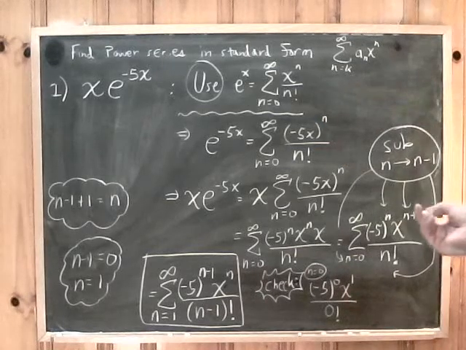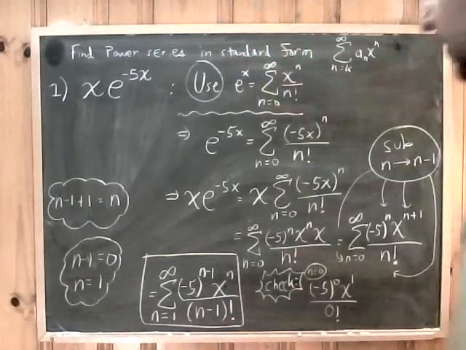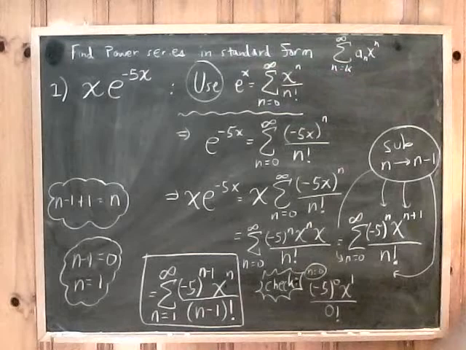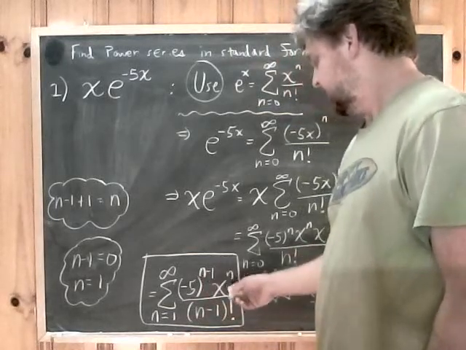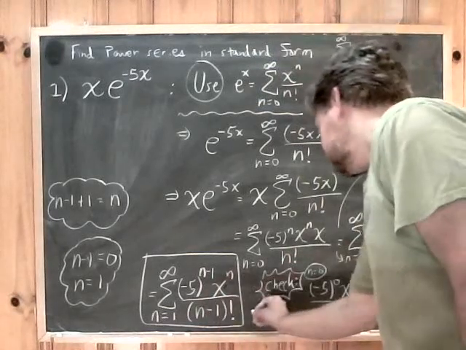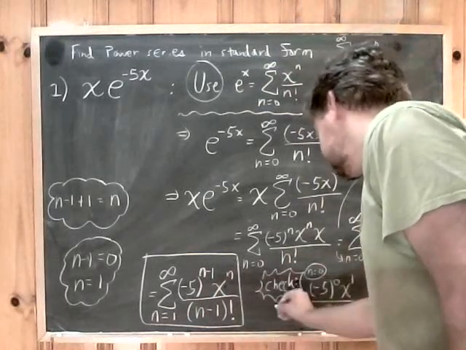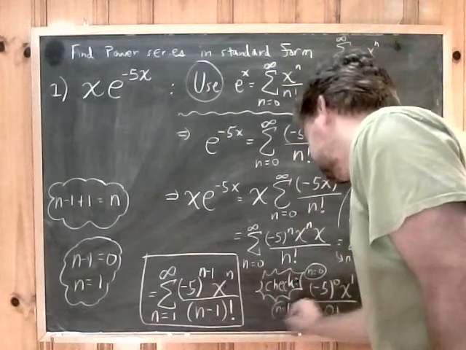Now I better get that same thing when I start at n equals 1 in my final answer. And it does. When I plug in n equals 1 here, I get negative 5 to the 0, x to the 1, and 0 factorial. So in the final answer, that works with n equals 1.